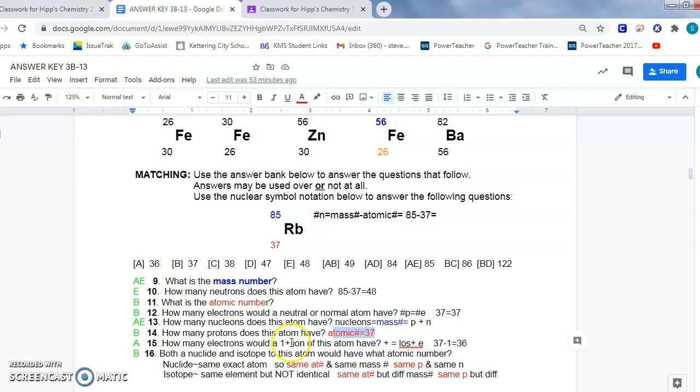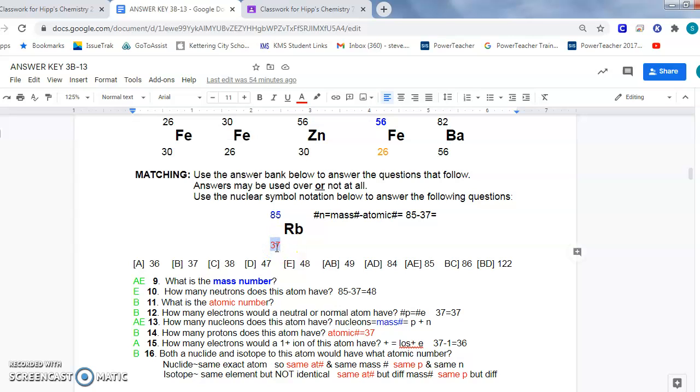How many electrons would a 1 plus ion of this have? Well, we learned in question 12 that there's 37 electrons. When it's a positive ion, what do we know? If it's a positive ion, it had to have lost an electron. Why? A positive ion has to have more protons than electrons.